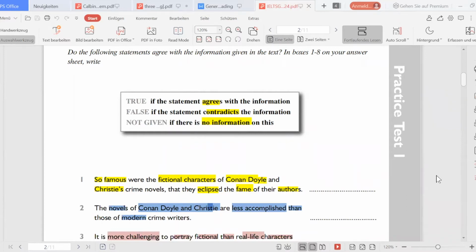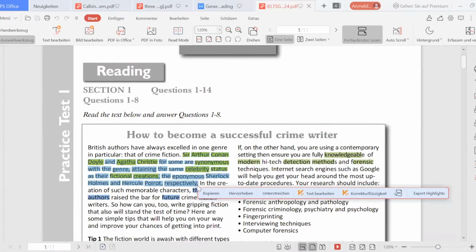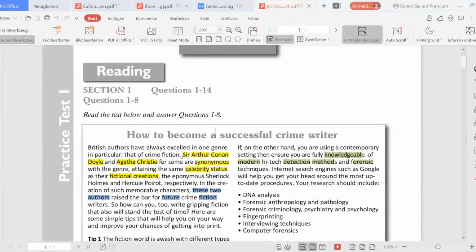So eclipsed the fame of the authors means they became more famous than the authors. We've highlighted our keywords. As I said, you start with the sentence that contains most of your keywords, and this is that sentence. So this whole sentence is what we're going to take a look at first.